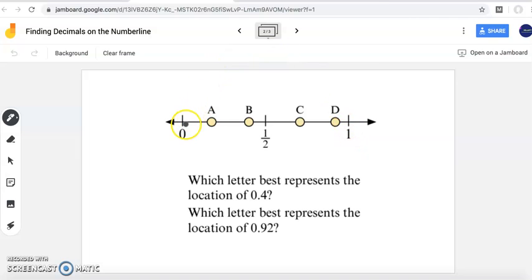Notice this number line is from 0 to 1, and all these points A, B, C, and D lie between the two whole numbers 0 and 1. Now, 1/2 is the same as 5/10, and 5/10 is equivalent to 50/100.